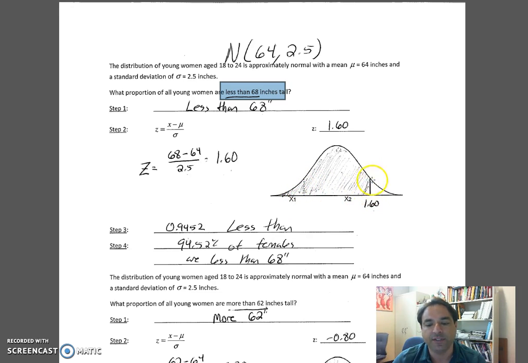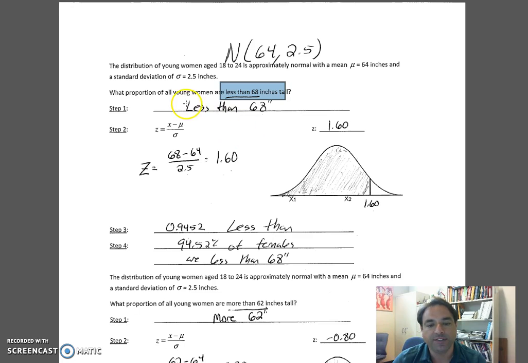If it's negative, it's on the left, positive is on the right. Positive 1.6: 0 is here, 1 is about here, 2 about here, 3 about here, negative 1 here, negative 2 here, negative 3 here. So 1.60 would be about here, and we're looking for less than.